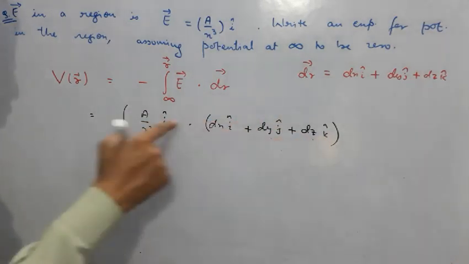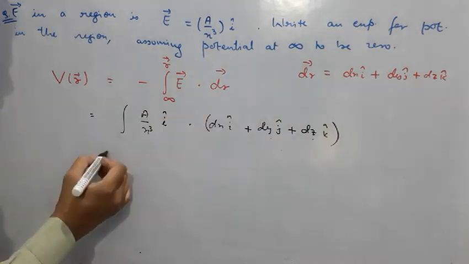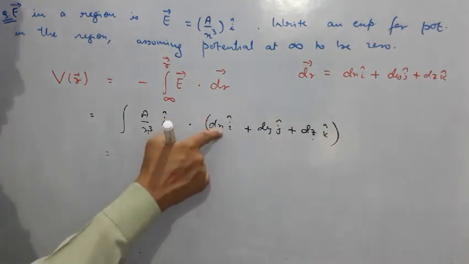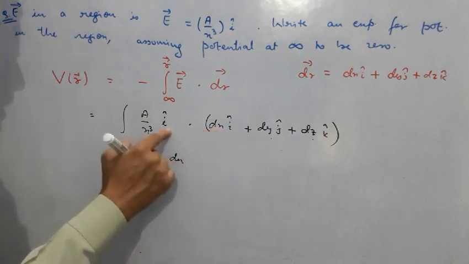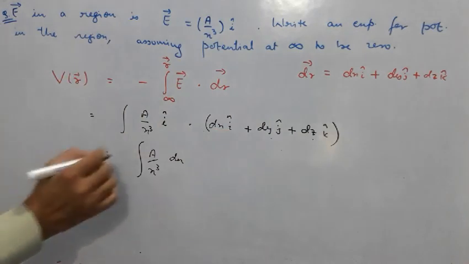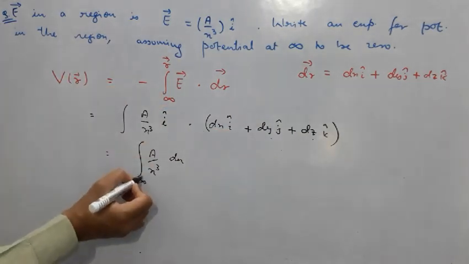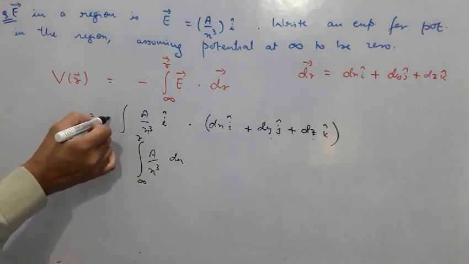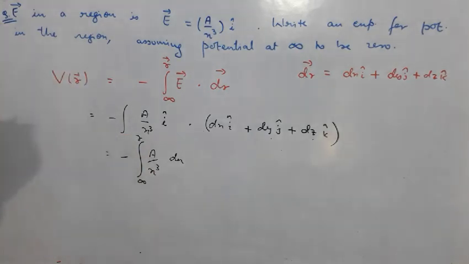So these two terms on taking dot products will give the result 0. So what is left behind? A upon x cube times dx, and I cap dot I cap will become 1. So that will be the integration, and the limits are from infinity to r, and I have forgotten to put the negative sign, so you have to put negative sign.